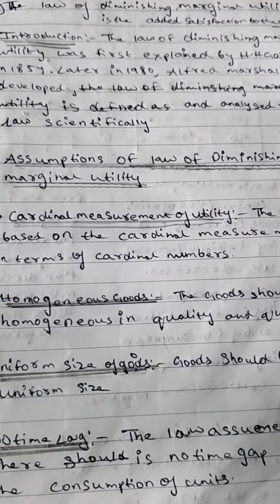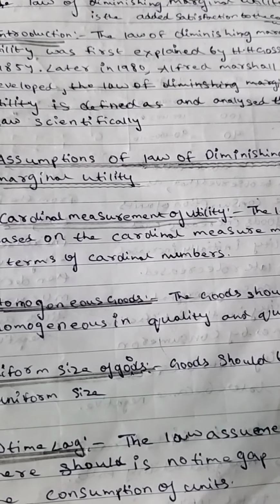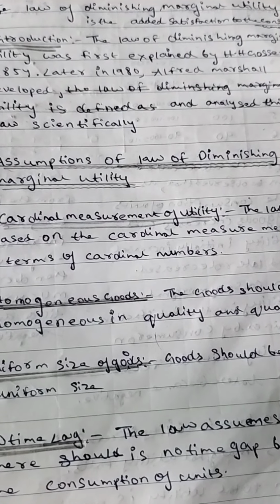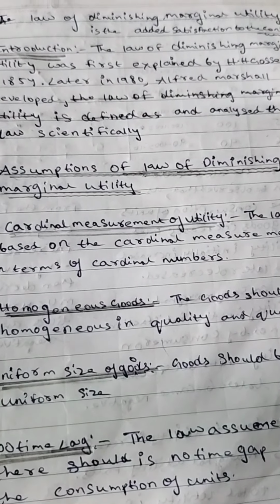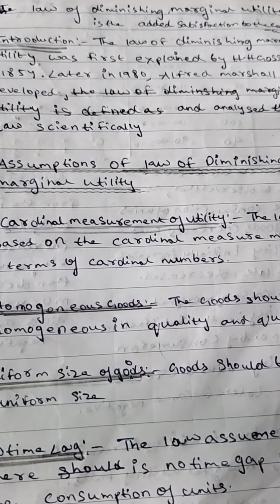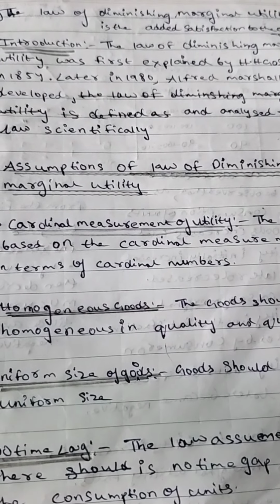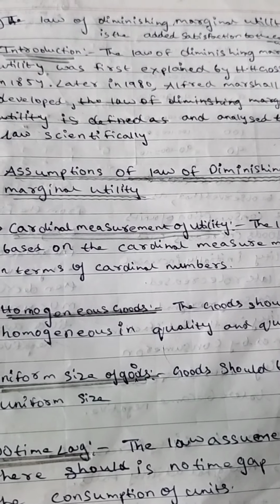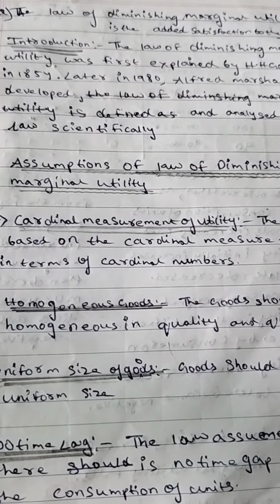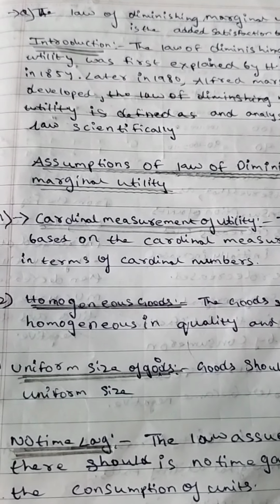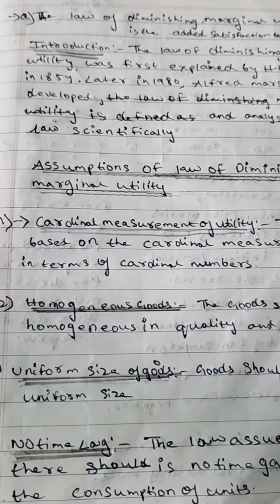The law of diminishing marginal utility explains that when a person is consuming an item or a product, the satisfaction or utility that they derive from the product diminishes as they consume more and more of it. For example, an individual might buy a certain type of chocolate for a while.